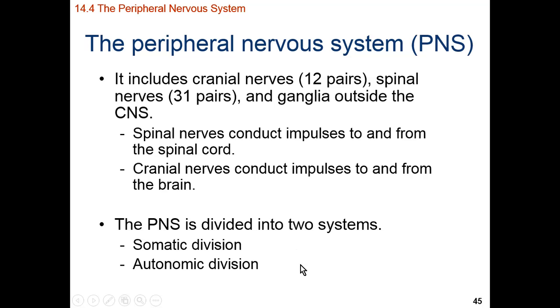Not mentioned here, but worth noting is the fact that we also have the sensory division. The sensory division carries information to the spinal column, and then carrying information away, we have the motor division. And we have our somatic voluntary motor division and our autonomic involuntary motor division.